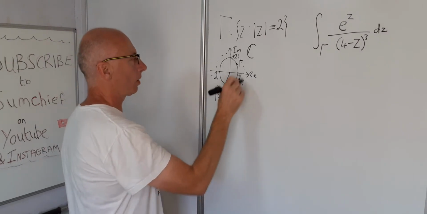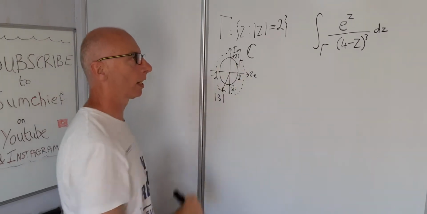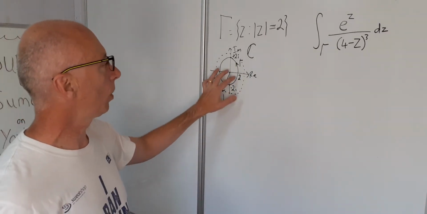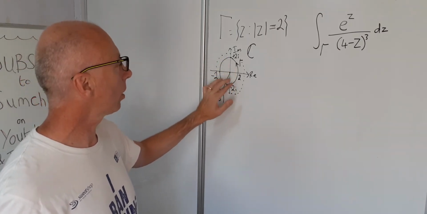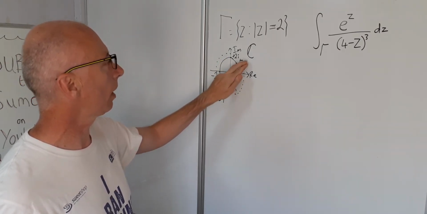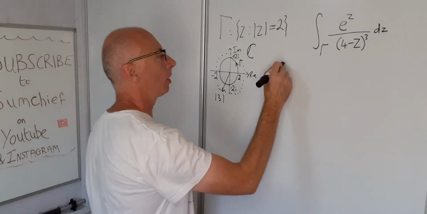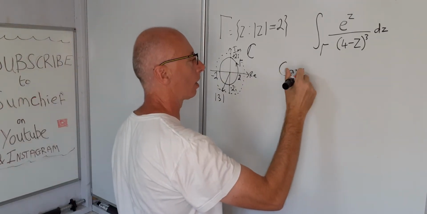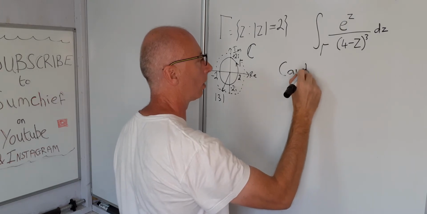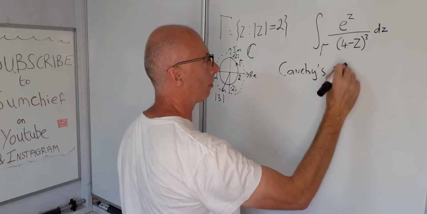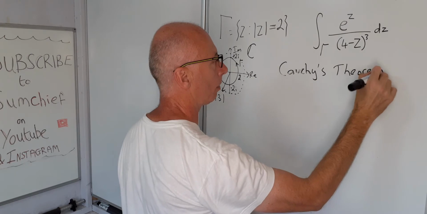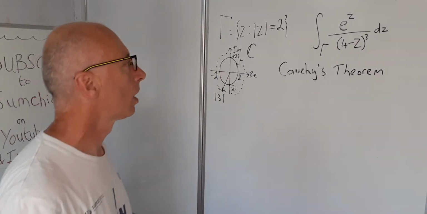So that's a radius of 3, this region here. So what we can say is that all the points inside gamma are contained in this region here in the complex plane. So the rules for Cauchy's theorem are now all satisfied.